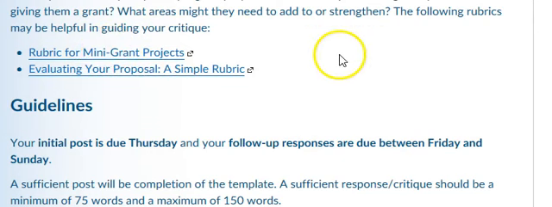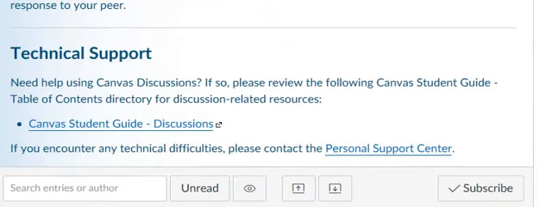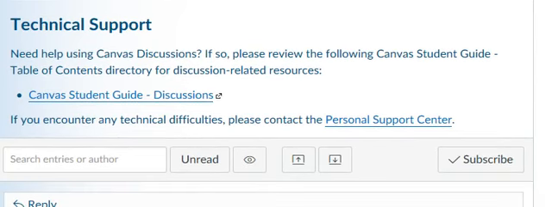You're going to act like you could possibly be a funder for this project. So use these criteria to help you provide feedback to your partners. You're going to post by Thursday and then do your responses to 2 people by close of day on Sunday.